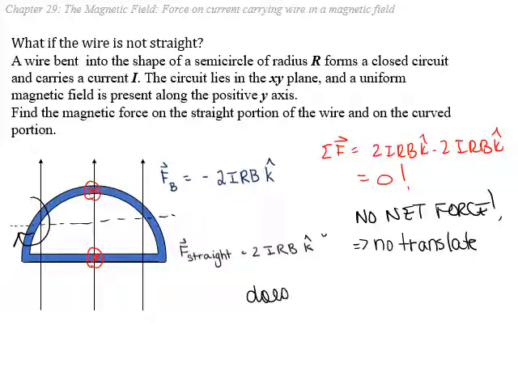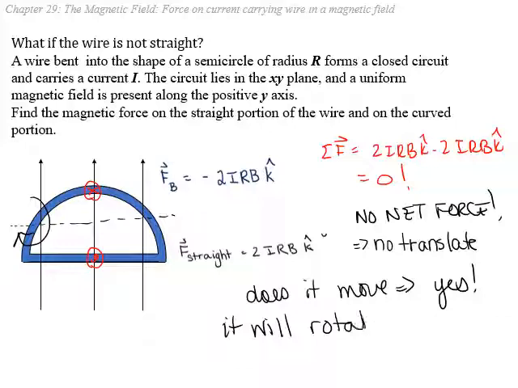So if we ask, does it move? The overall answer has to be yes, and it will rotate. And if you ask why it rotates, that means there must be a torque. We're not going to stop and talk about torques right now, but we are going to come back around to torques. It is good to start building the basis though as we go.